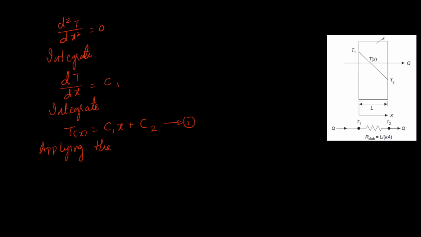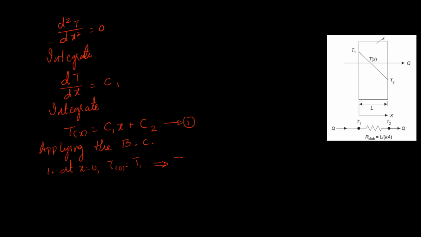Applying the boundary conditions, BC stands for boundary condition. The first boundary condition is at x equals 0, T of 0 will be equal to T1. So from that, in equation number 1, I'll substitute that.